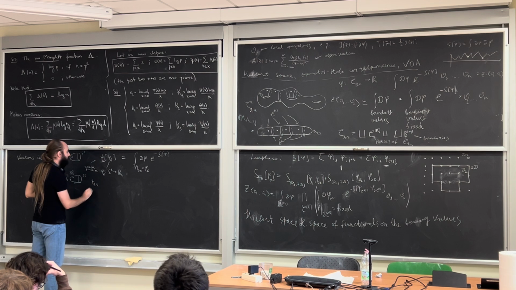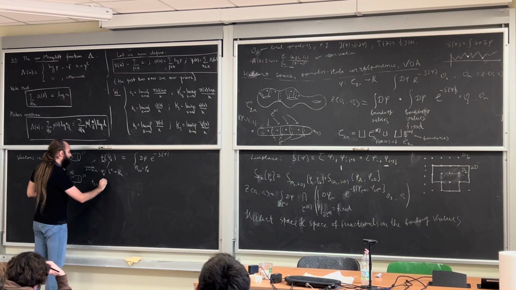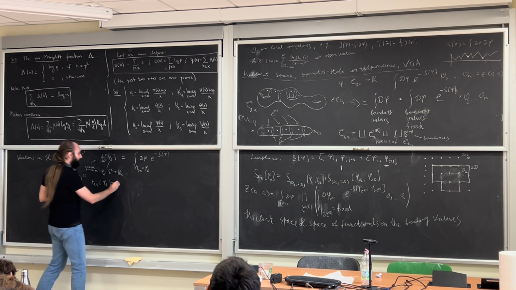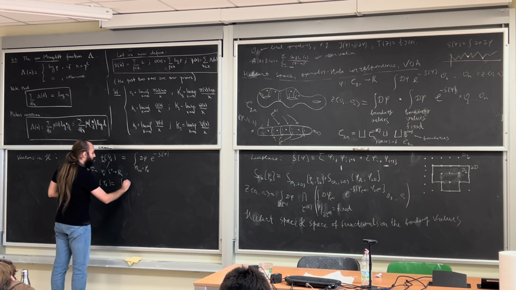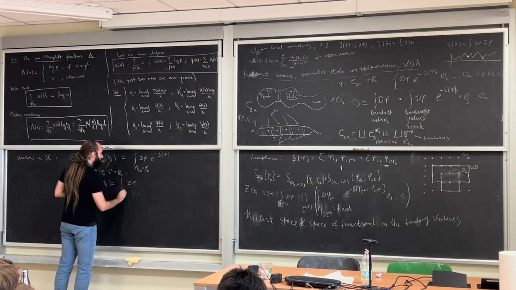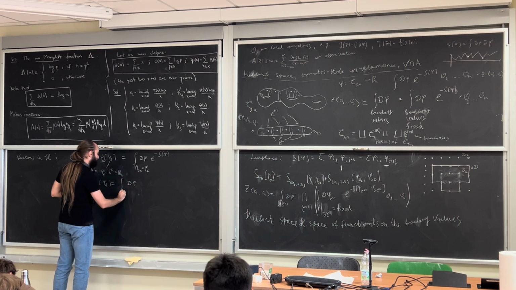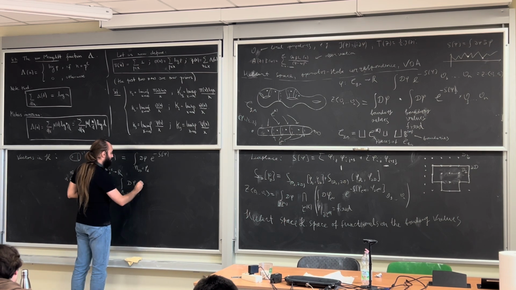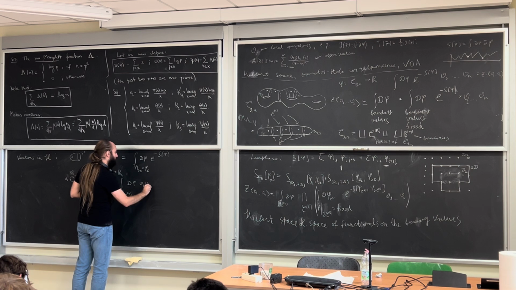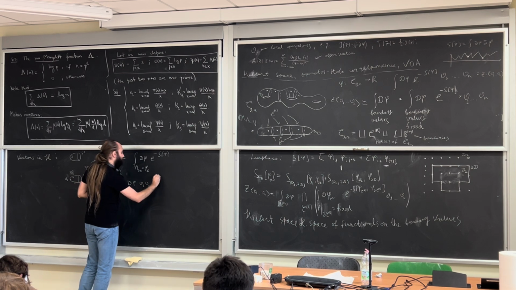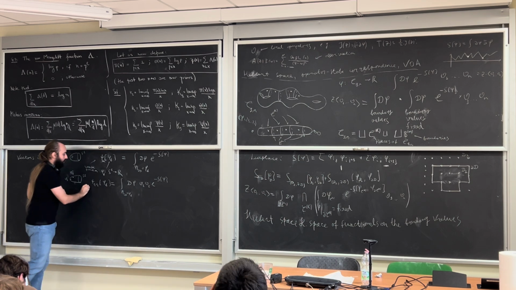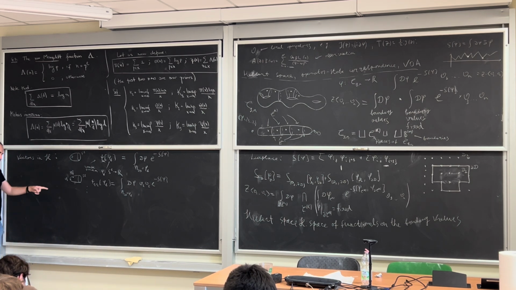Here we can construct another state, psi_{O1 O2} of again phi_b. It equals the path integral with the same boundary conditions, phi on dD equals phi_b, but now with two operators, O1 and O2, and so on.